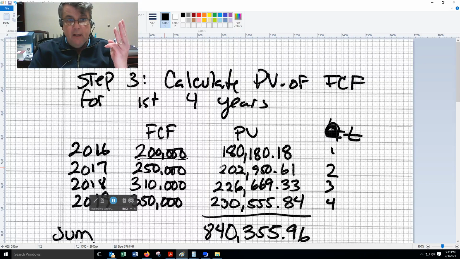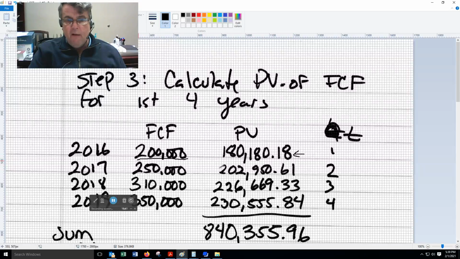I got 3 keys. I'm computing the fourth. I want the present value. I want to know what that future cash flow is worth to me right now. So I hit compute present value, PV. And that will give me $180,180.18. That's the present value of those cash flows at the end of the year 2016 at the beginning.